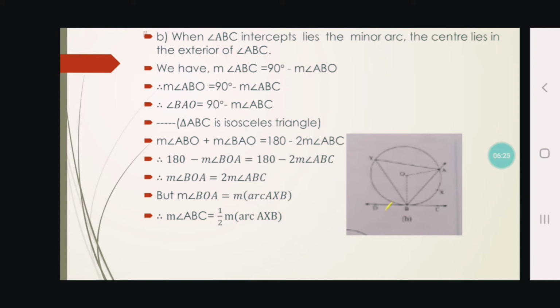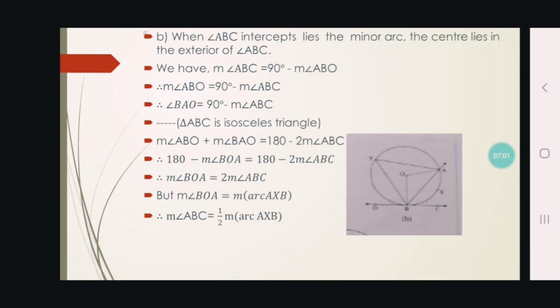Now the sum of the angles of the triangle formed over here is 180 degrees. So here 180 degrees minus measure angle BOA will give me 180 minus 2 times measure angle ABC. Now 180 gets cancelled. As it is getting cancelled, what is the remaining part that we are getting?